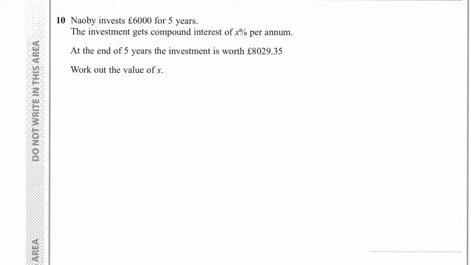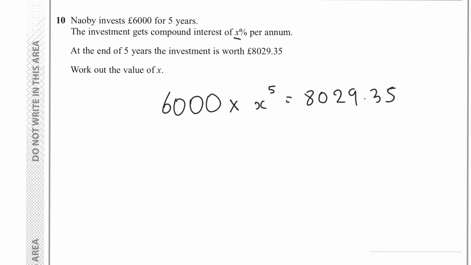So if we were to work out the interest rate, it would be 6,000 times whatever the rate is, so I'll just call it x, because that's what they've called it, to the power of 5. So in this case, it's £8,029.35. To work out what x to the power of 5 is, we need to divide both sides by 6,000.